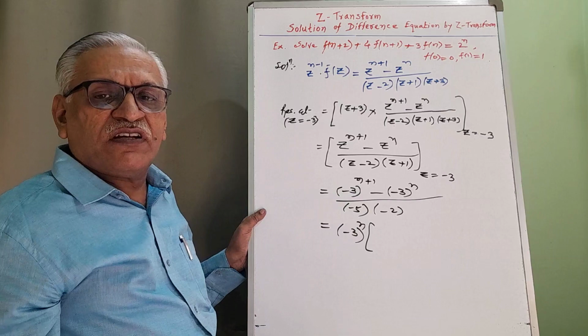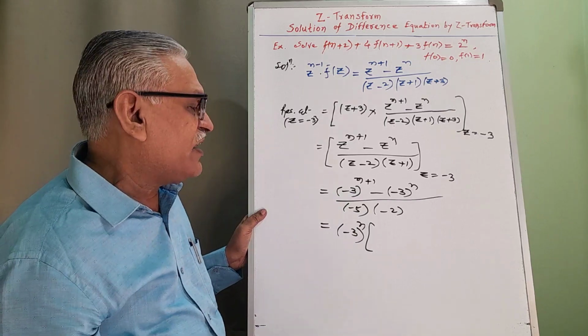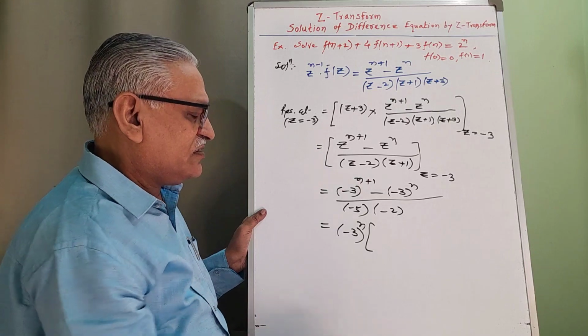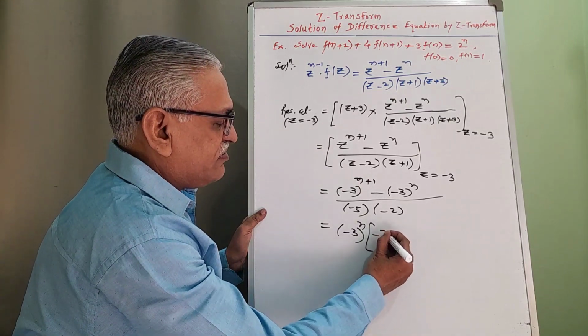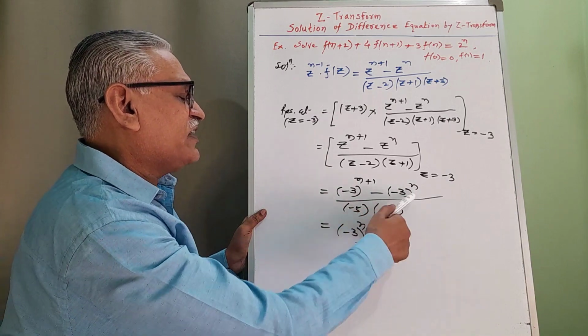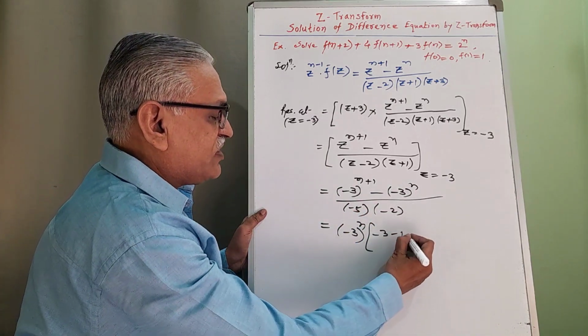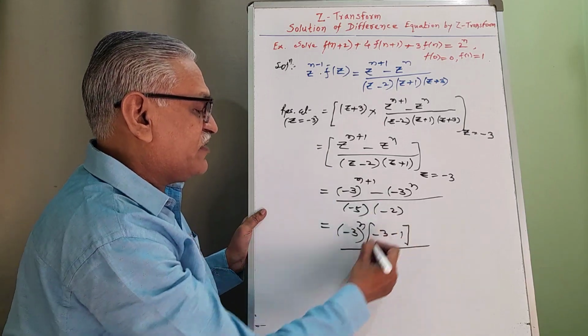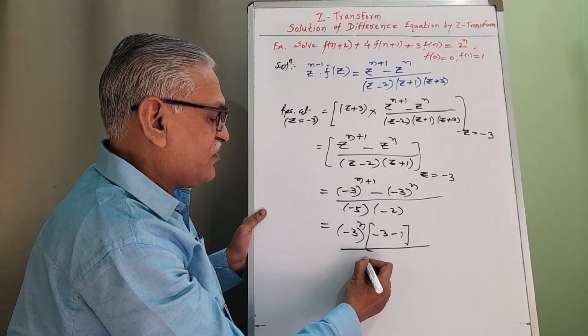Split this one: minus 3 raised to n into minus 3 raised to 1. Minus 3 raised to 1 is minus 3, and the remaining terms here are minus 1 divided by minus minus, it becomes plus 5 times 2, that is 10.